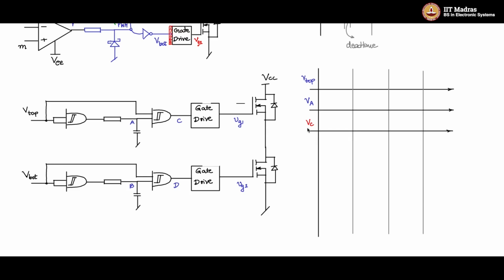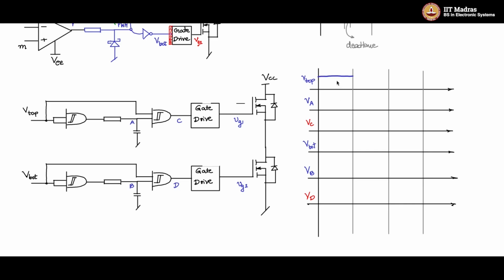VC I am writing in red because this is the important waveform. This will be the same as VG1, with enhanced gate drive power. And then V bottom and VB and then VD in red. These two will give you the waveforms of VG1 and VG2.